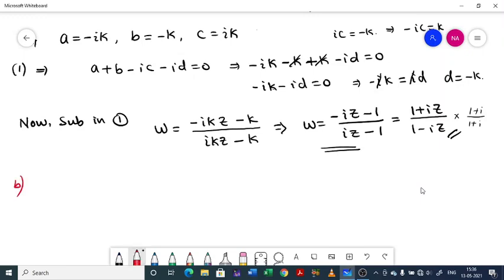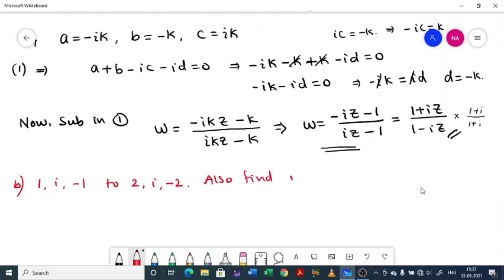B. Find the bilinear transformation that carries 1, I, minus 1 to 2, I, minus 2.